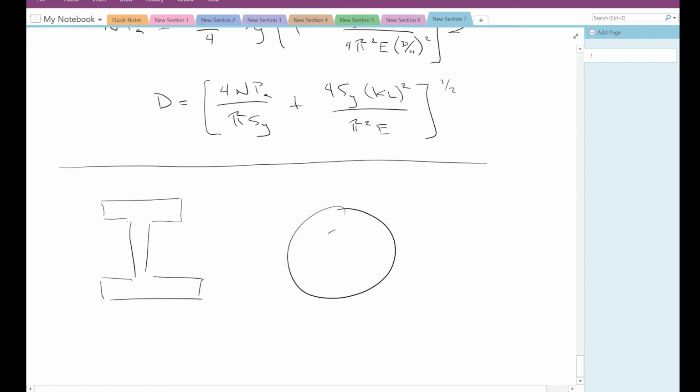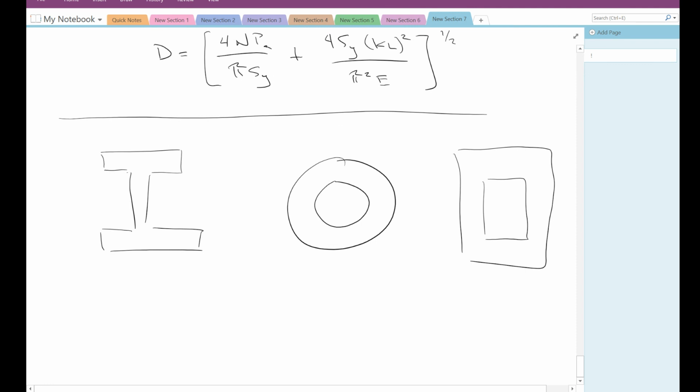We have hollow tubes. We have hollow rectangular columns. These are some common column cross sections that are often used in design.